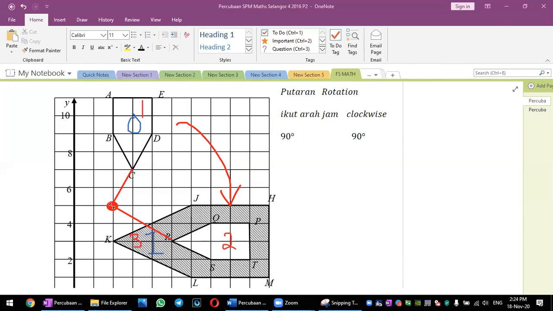So, I change again. Maybe I change to... Where do you want to change? Do you have any idea? Can I change to here? Then you can think lah. Here to C, here to R. Ini pun bukan 90 leh, kan? So where should I change? Actually, teacher already saw it lah, but I just show you, feel that is wrong.